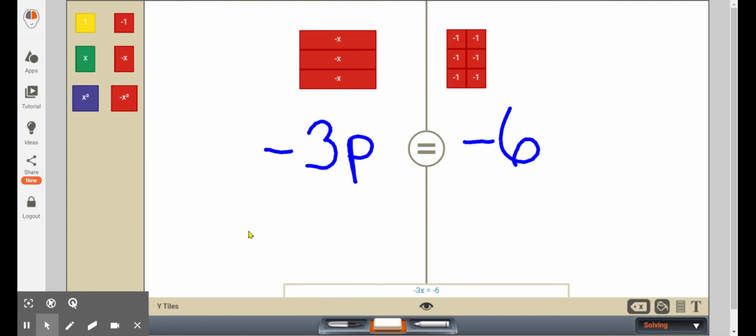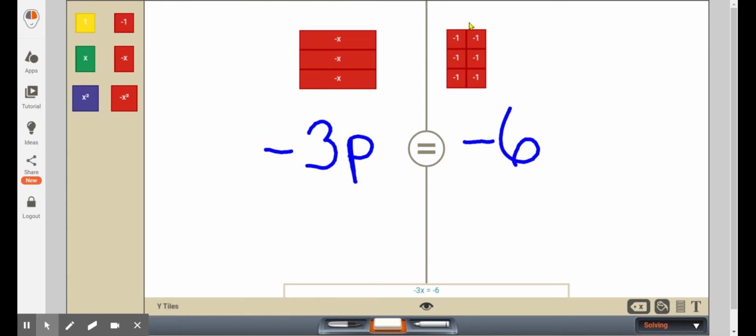Okay, all right, I'm going to go through this example and then one more after this, and then we'll get to the independent practice. So on the left side, we have negative 3p, or just to use longer ones, we have negative 3 variables. Whatever number we put in here, because of the negative on the outside, it's going to be multiplied by a negative.